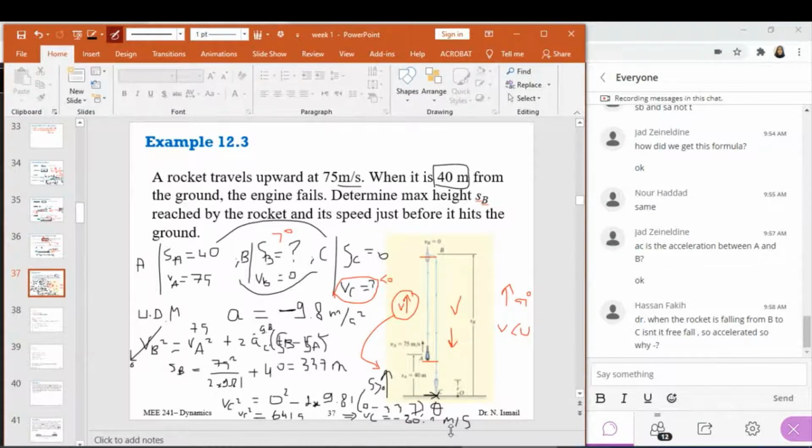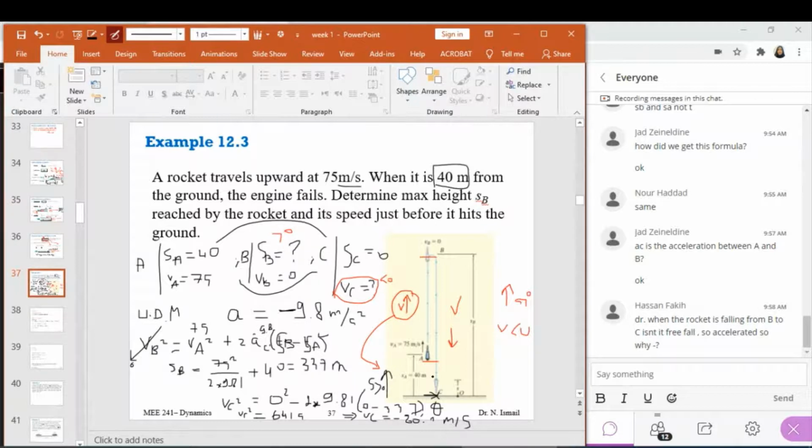Doctor, when the rocket is falling from B to C, isn't it a free fall, so accelerated, so why negative? The same answer. Yes, it is a free fall, but I specified my positive direction to be upward in S, positive upward. So since A is downward, then it should be negative. Now, Hassan, if you take the positive S downward, then A will be positive.